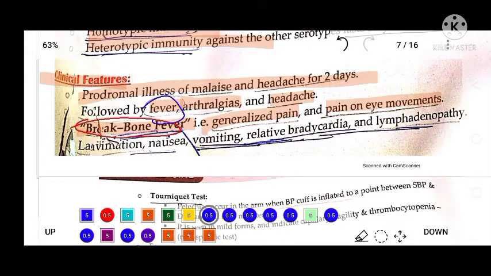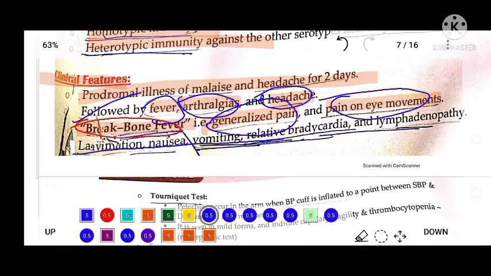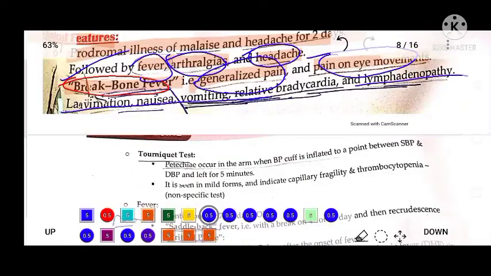So the patient will have fever, meaning increased temperature, then arthralgia, joint pain, headache, pain on eye movement, and generalized pain, also known as breakbone fever. Nausea, vomiting, relative bradycardia and lymphadenopathy will be there in patients with dengue.